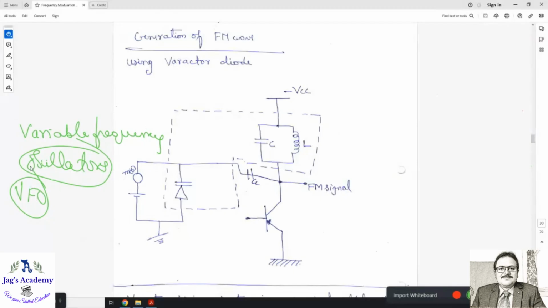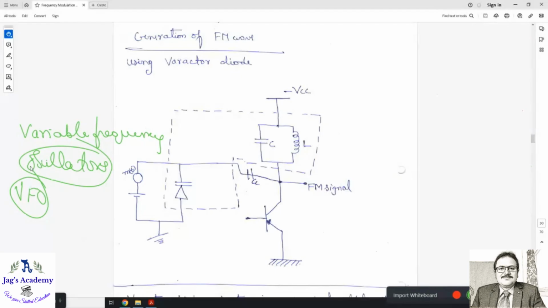So if an oscillator generates an oscillation whose frequency is proportional to the instantaneous value of the message signal, that's enough for us to generate an FM wave. So we use such a circuit.